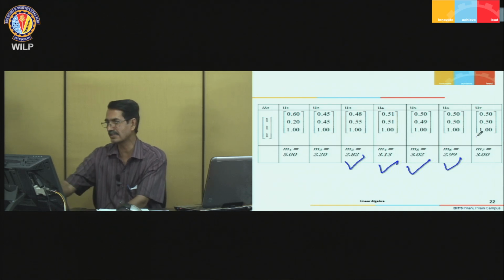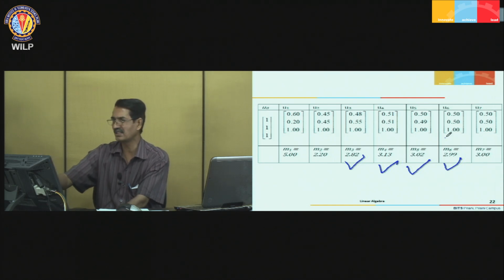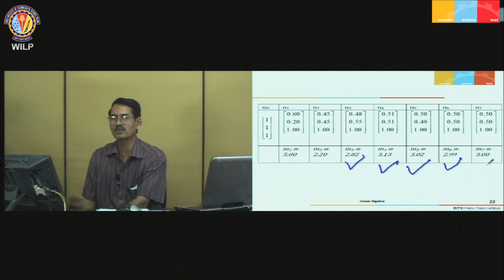See the very interesting result. M starting from 5 goes to 2.20, 2.82, 3.13, 3.02, 2.99, 3.00. It becomes almost negligible between 2.99 and 3.00. So, you shall stop the process.